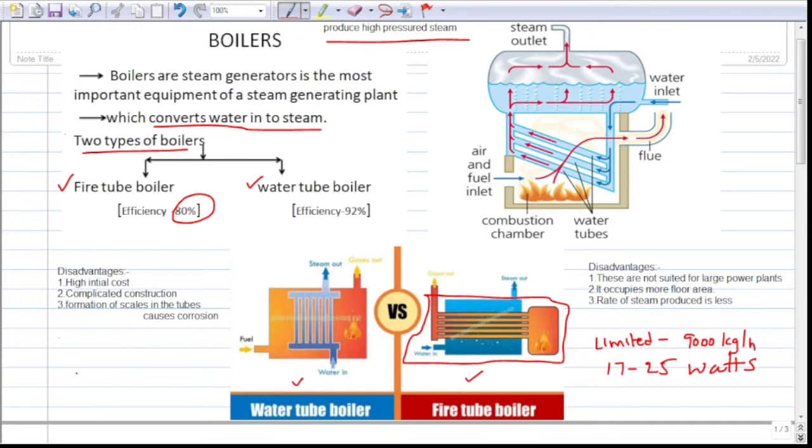Steam produced is limited to 5 lakh kg per hour and the pressure is 200 bar at 540 degrees centigrade. The efficiency is 92%.